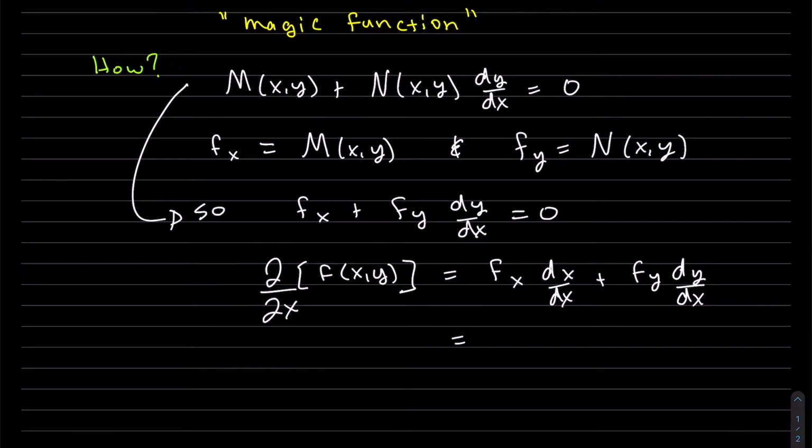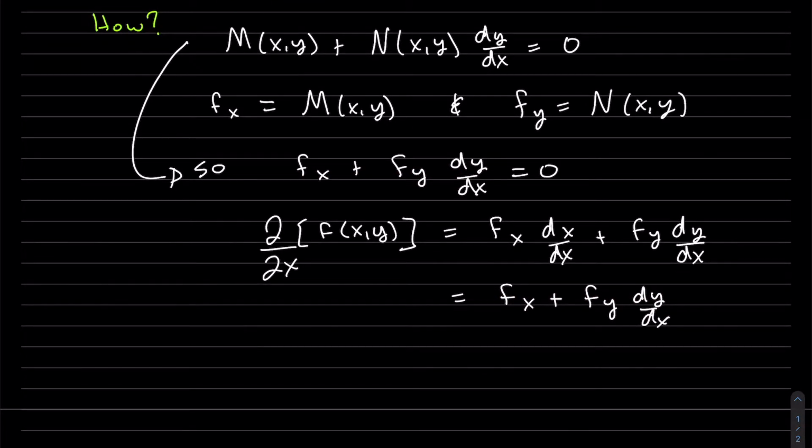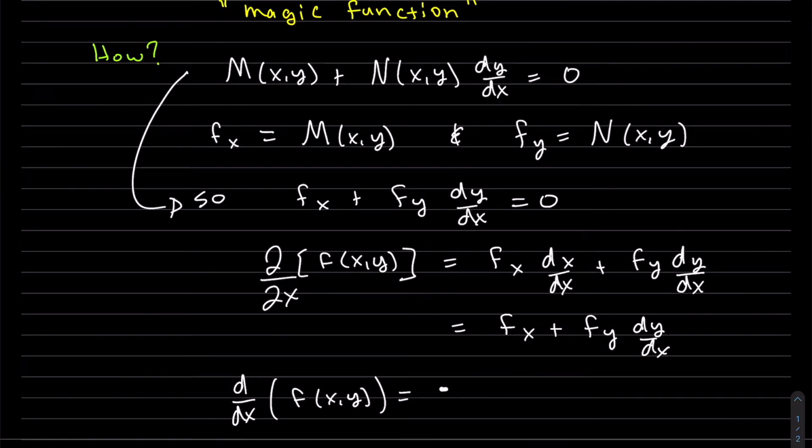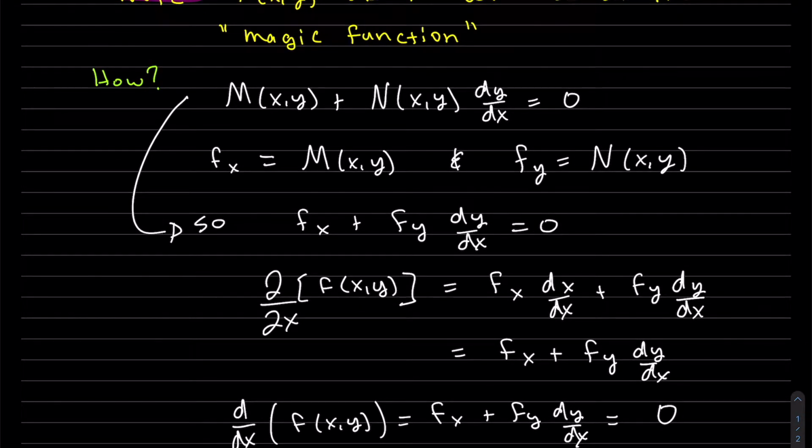So we can see here, we get the same function. The derivative in terms of x of f of x,y is equal to f_x plus f_y dy/dx, which is equal to 0, because that's the given equation.